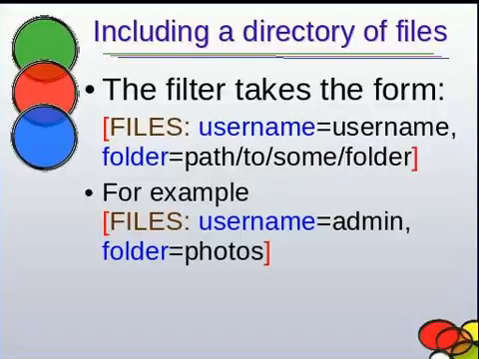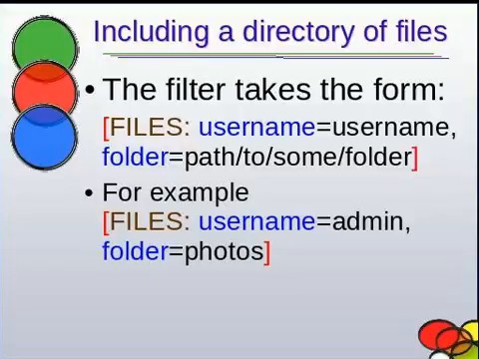And the filter looks something like this: square bracket, files, colon, username equals whatever the username is, your username for example, and whatever the path to the folder is. So folder equals whatever the path is. So for example, you could have square bracket, files, colon, username equals admin, comma, folder equals photos, square bracket close.